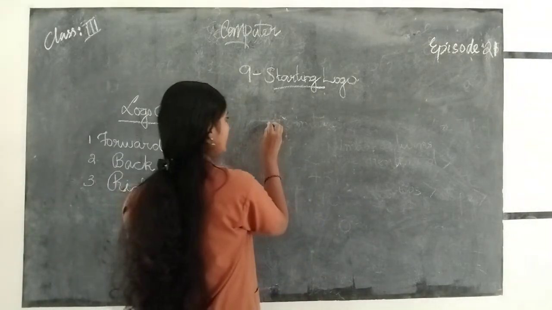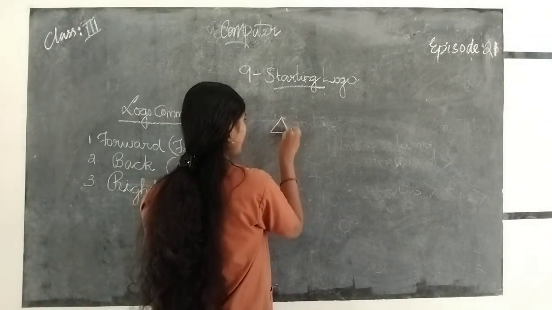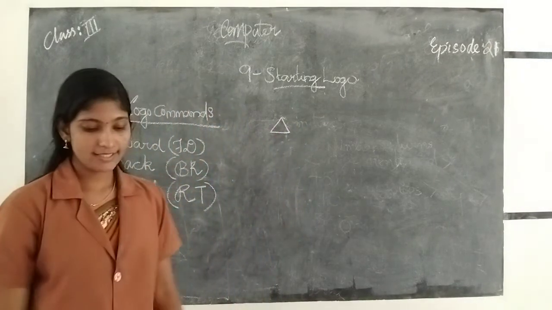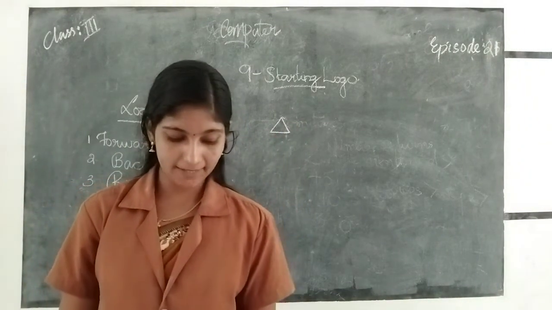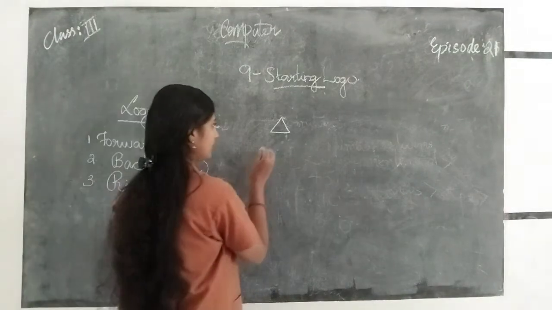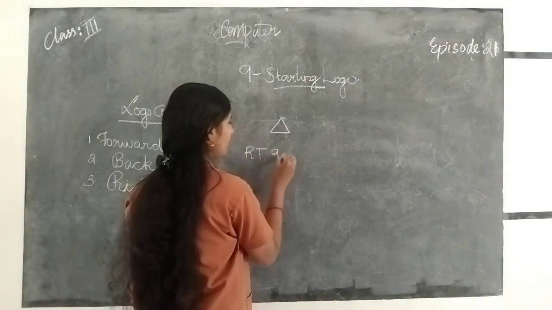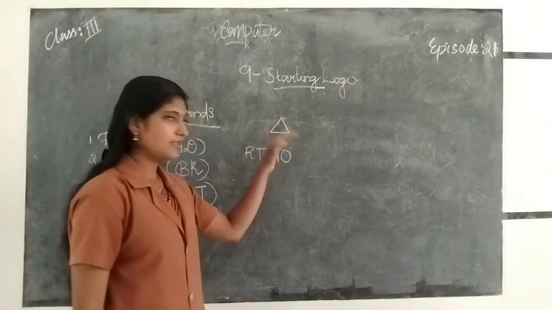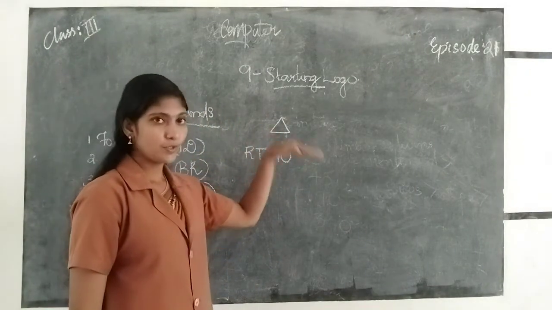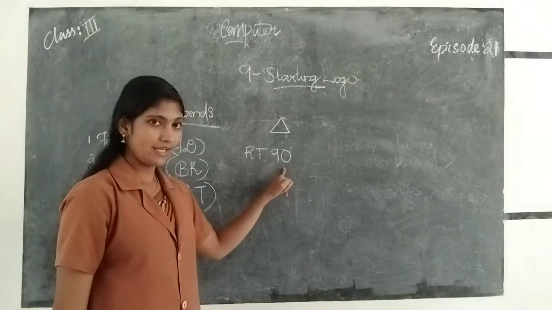First, the turtle is like this. If we turn this turtle by 90 degrees, for example, this is our turtle, and then if we apply RT90, what happens? It just turns to the right side with an angle of 90 degrees.